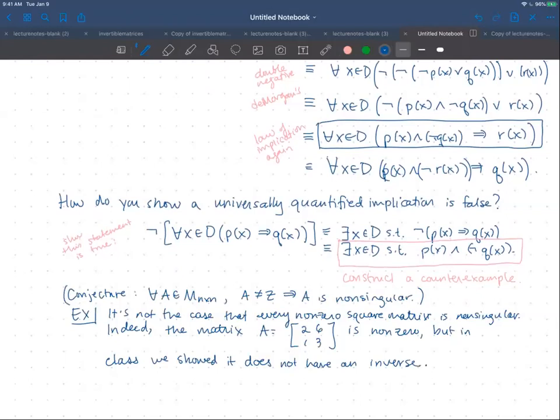We came up with one example of a matrix that's non-zero that doesn't have an inverse. And that's all we had to do to show that there are some non-zero matrices that are singular, that are not non-singular.